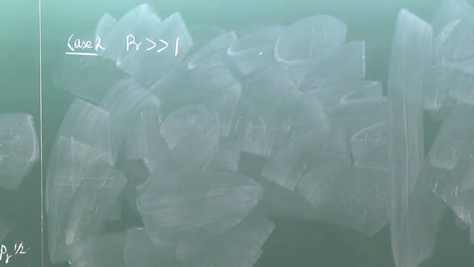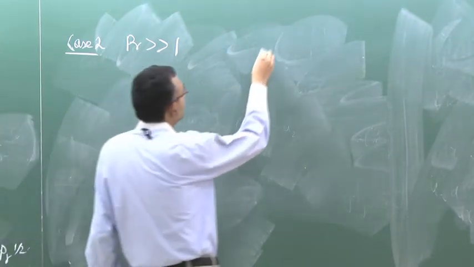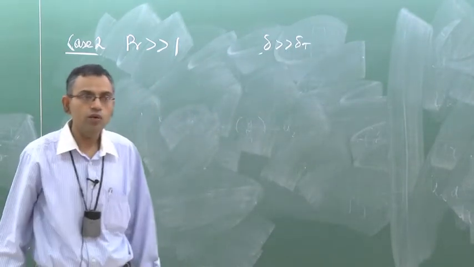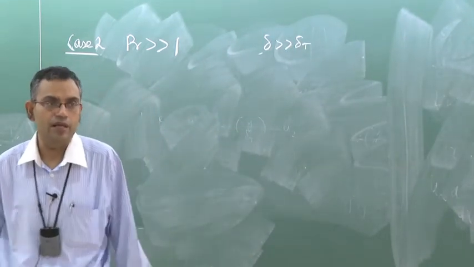Prandtl number much greater than 1 means delta is much greater than delta T. So you cannot say that U is U infinity within the thermal boundary layer.